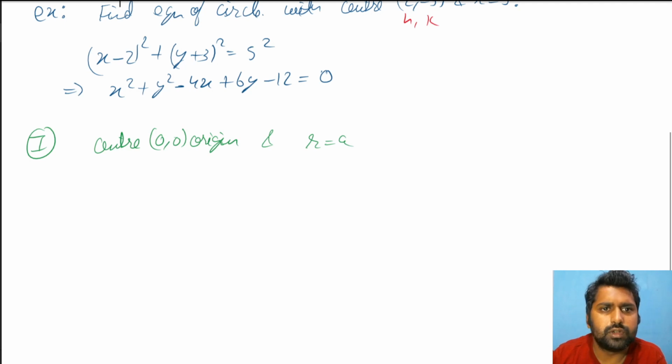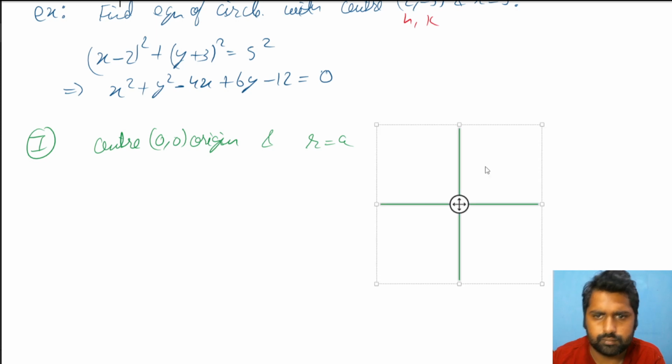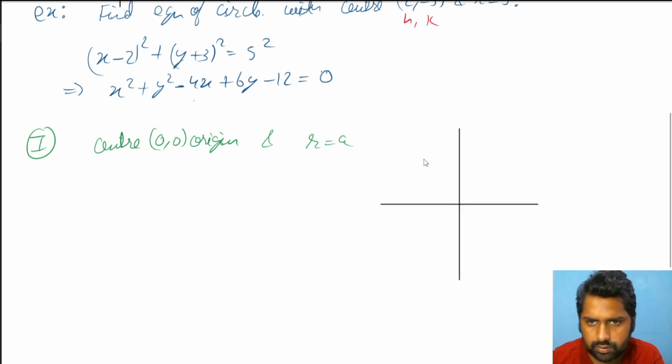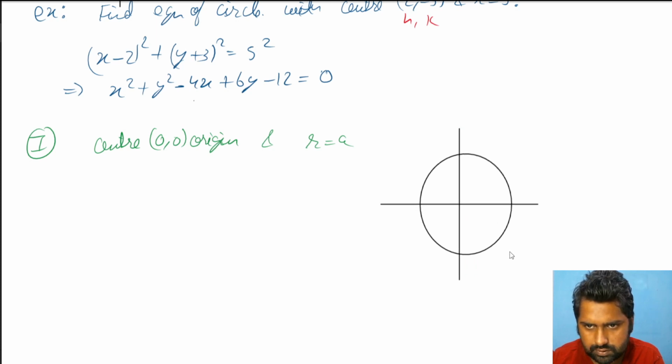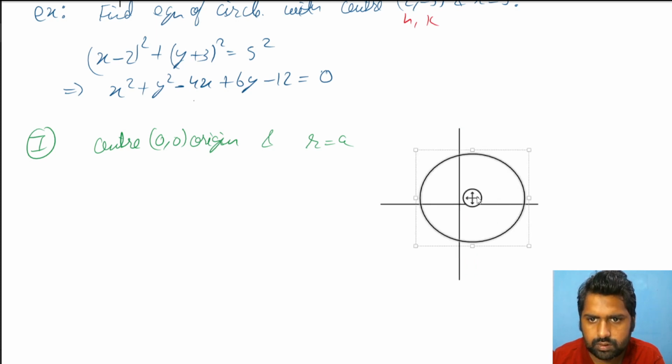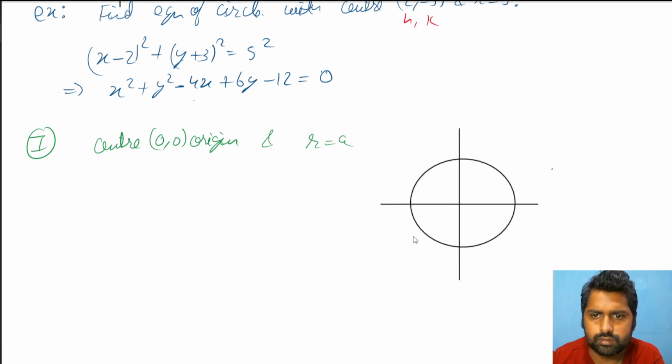So the situation will look like this on the xy plane. You have a circle whose center is at origin and the radius is a.